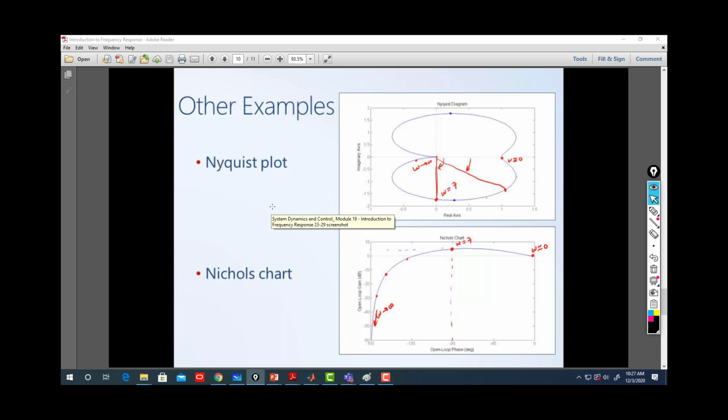Nyquist plot. We said they use polar angle. So if this is 0, 0, polar coordinates, if you remember, are rho and theta. So if I want to represent a point here, I represent it by theta and radius. Call it rho or something. So that's the polar angle.